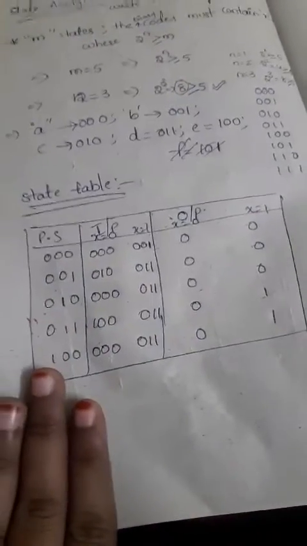E is 100 and D is 011, and this is 01. The last one is AD and 01. A is 000 and D is 011, and this is also 01. This is the final state table we get from the state assignment method.